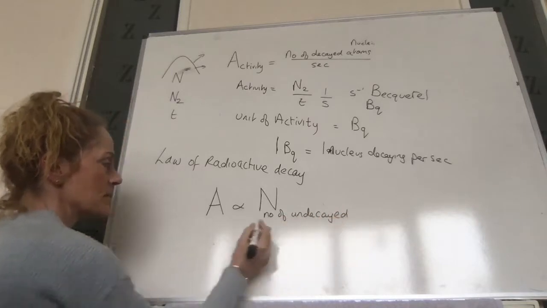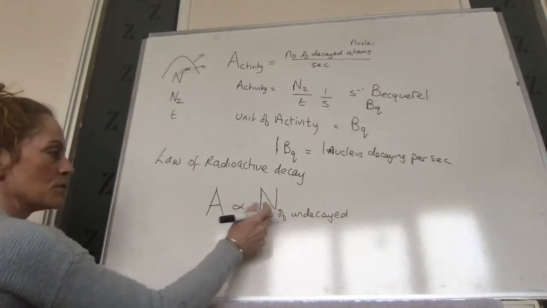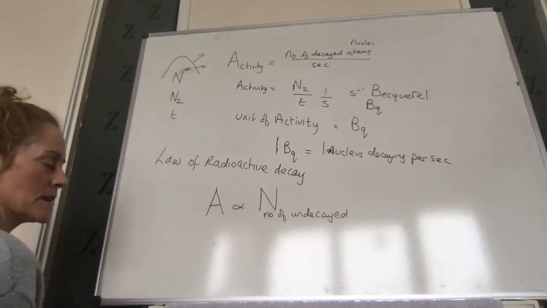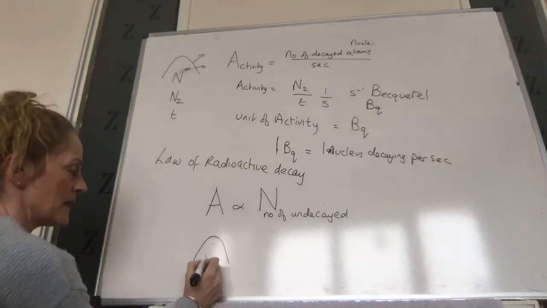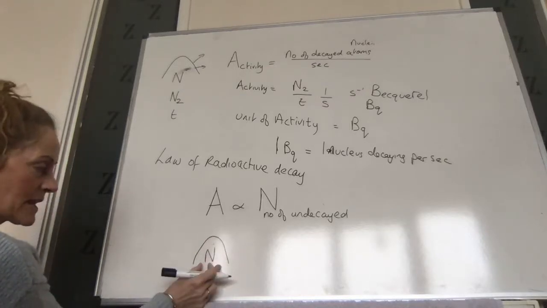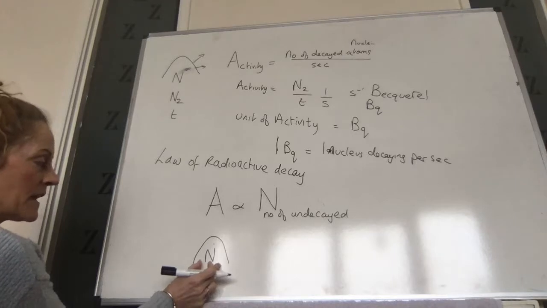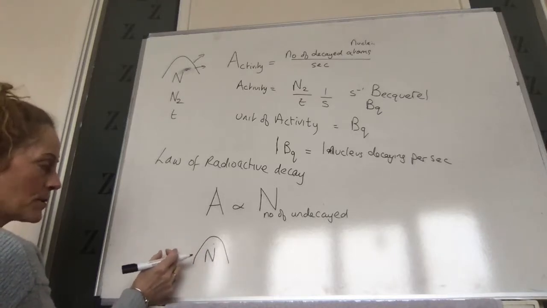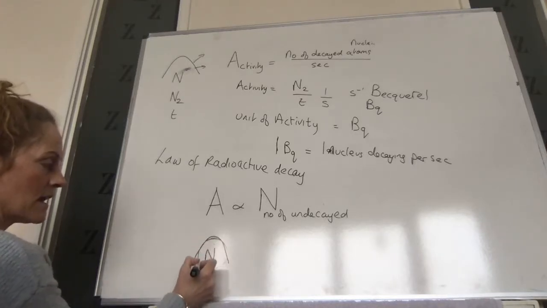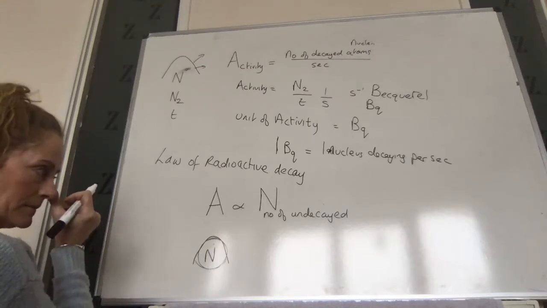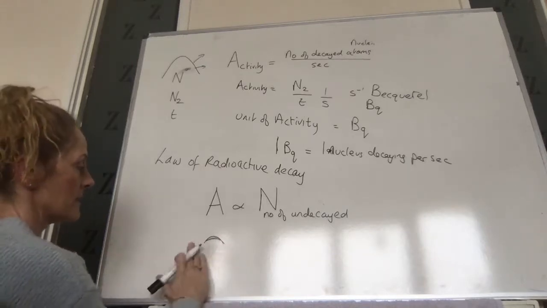In other words, if you have a lump and N is the number of atoms that have not decayed, then the number of atoms decaying per second depends on that value N. That's an important fact.